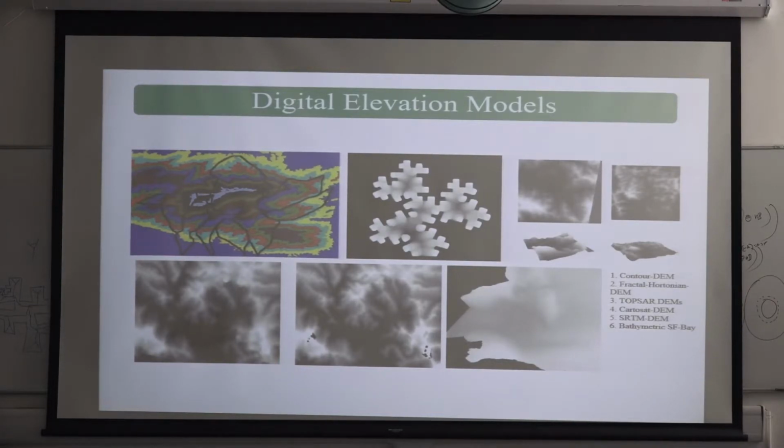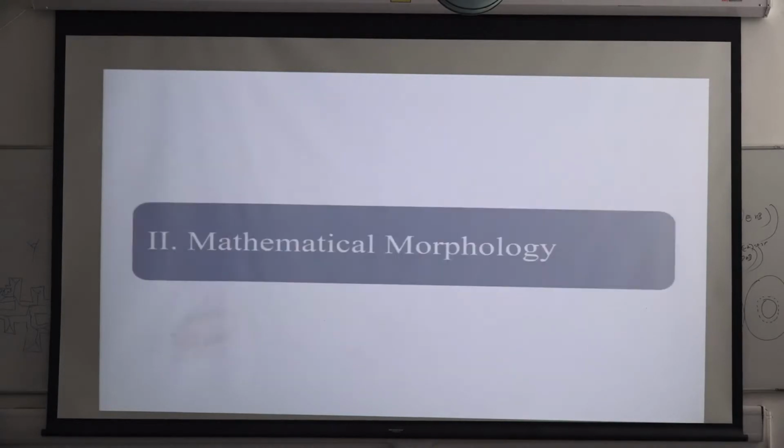These bottom ones are SRTM DEM and Cartosat DEM, which were scaled to the same degree. And the last one is the San Francisco Bay bottom topographic region, which was acquired through ground penetrating radar to see how the sand ripples are forming under the water.